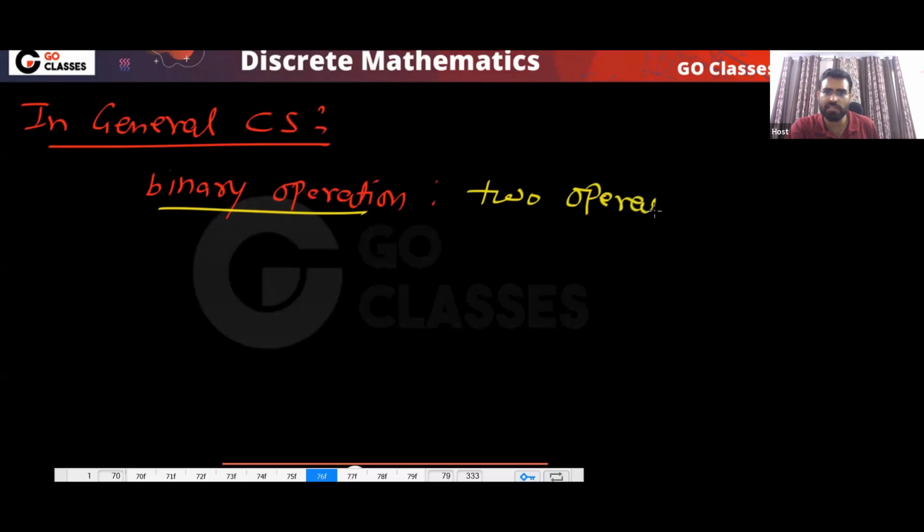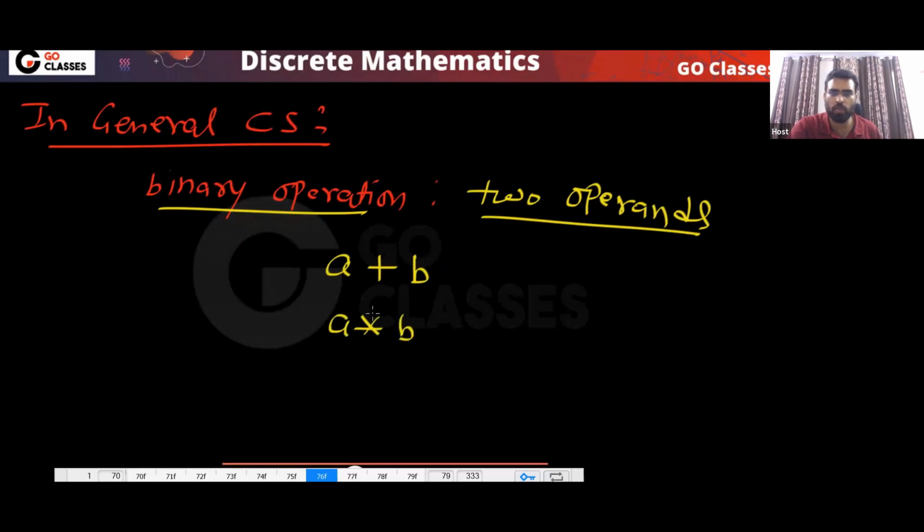We need two operands. For example, addition is a binary operation, and multiplication is a binary operation. We apply it on two things, then it is called a binary operation.